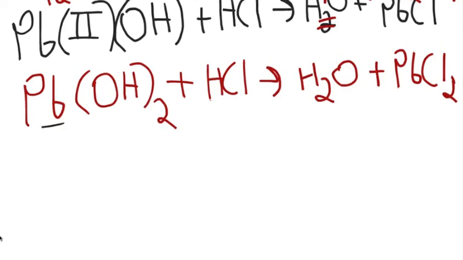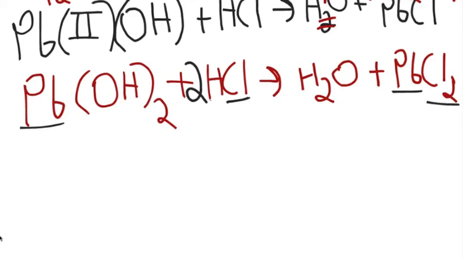I have 1 lead on my left, 1 lead on my right. I have 1 chlorine on my left, but 2 chlorines on my right. So I have to multiply the left by 2 in order to balance out the chlorines. Now I'm going to move to hydrogen.